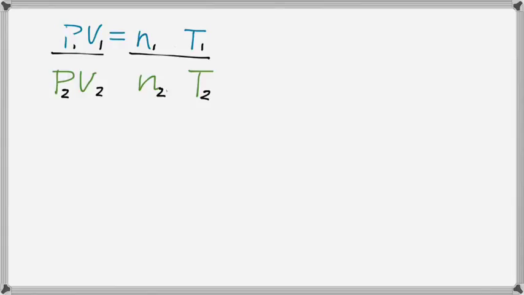So those would cancel out. And the amount of gas isn't changing. The number of moles that you start with is the number that you end up with. So those would cancel out. Okay with that? It didn't change. It's the same. Okay, so since I can, I'm just going to erase those.